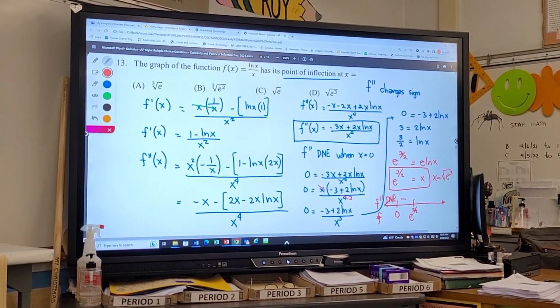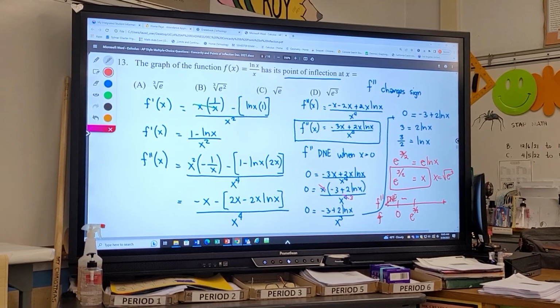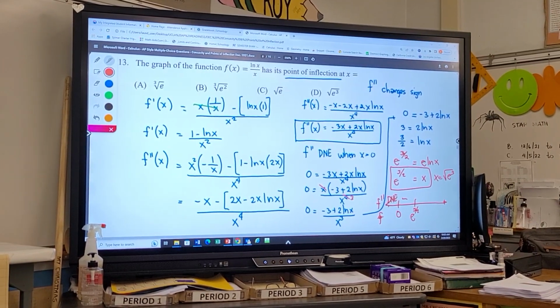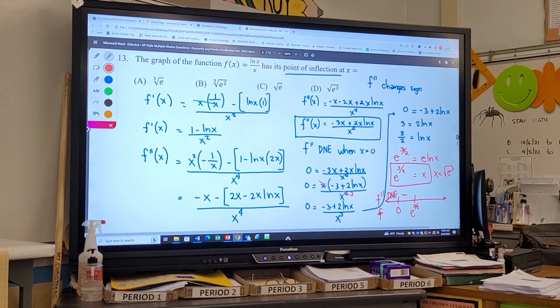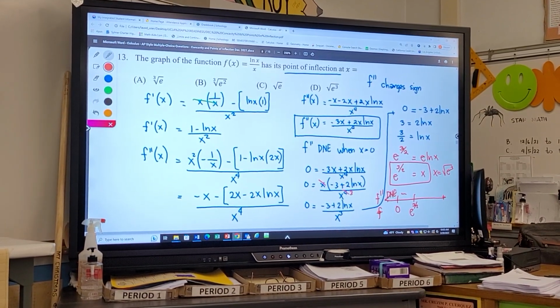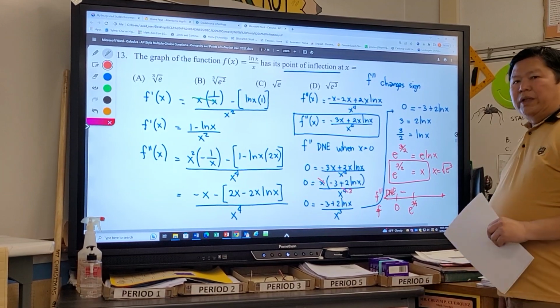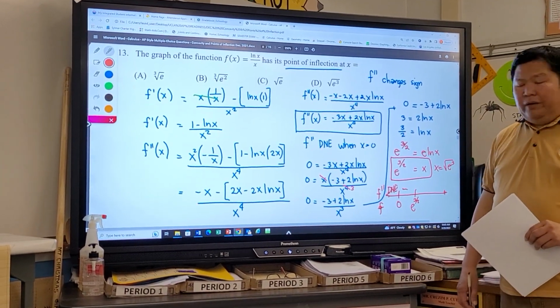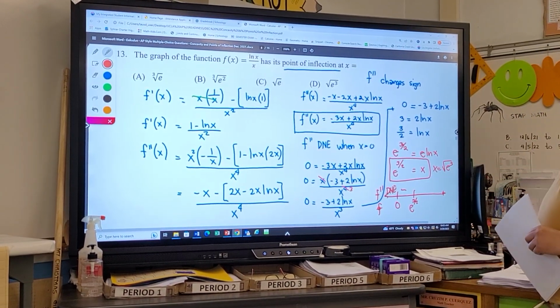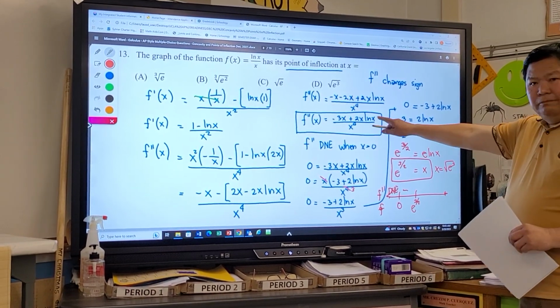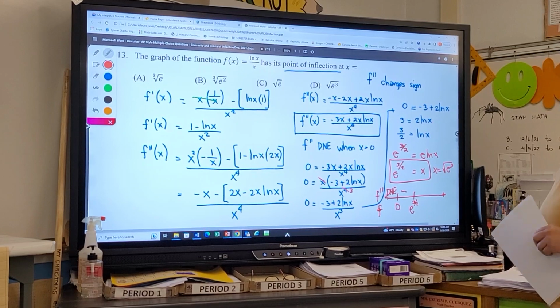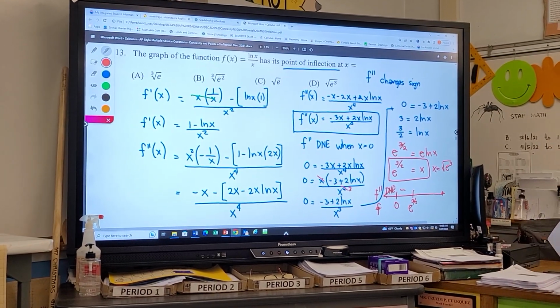How about to the right of the square root of e to the power of 3? Let us say, if we choose 3. If it is 3, what do you think?